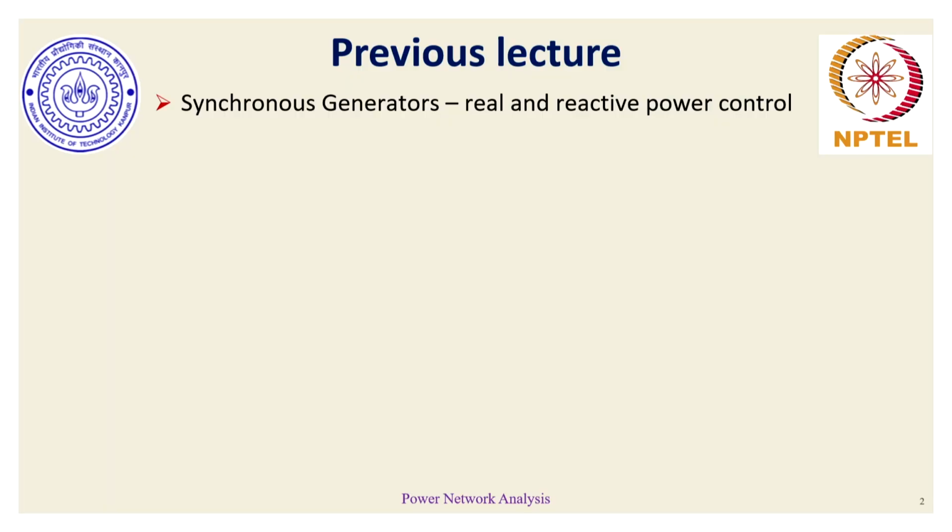In this entire discussion of economic dispatch, we will mostly focus on the real power aspect. The controlling aspect we have seen in the previous lecture. Basically, the real power control comes from the turbine action or prime mover action. And the economics behind this real power transfer is going to be the prime focus of this lecture.